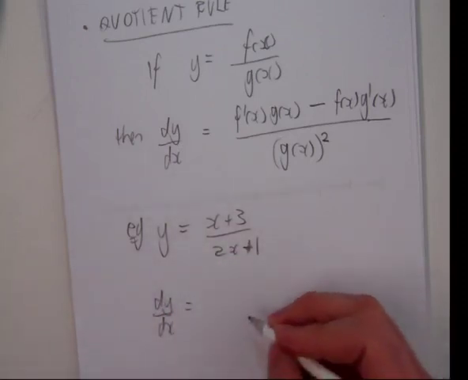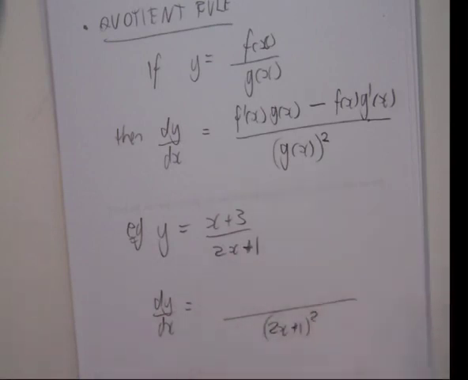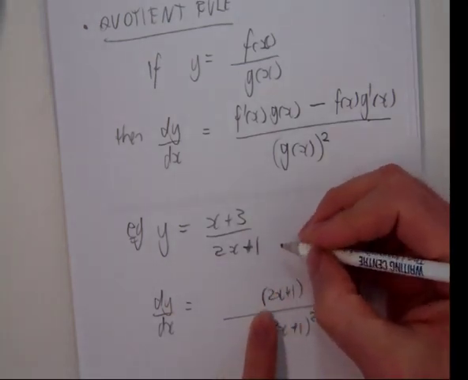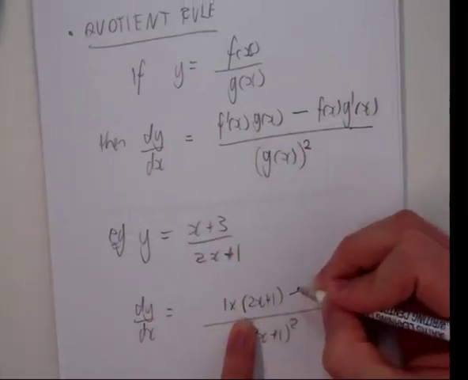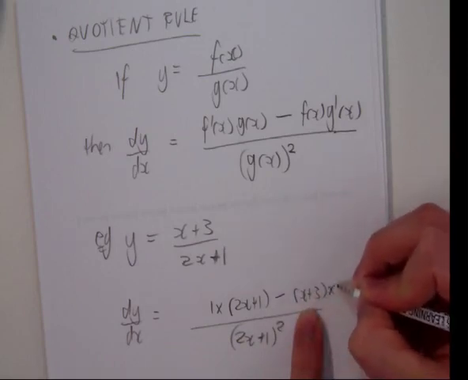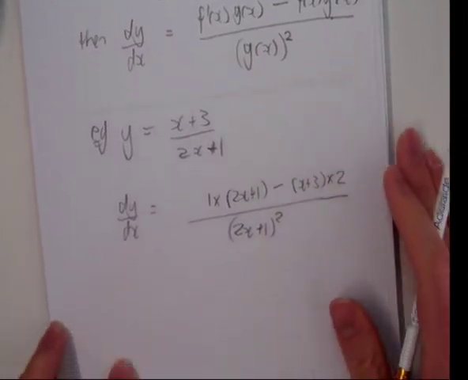Right, I will keep the bottom and I will square it like that, and I will keep the bottom here, but I will multiply by the derivative of the top. So that differentiation gives me a 1. And on this side I'll keep the x plus 3, but I'll multiply by the 2, the derivative of the bottom, and the derivative of the bottom is 2.